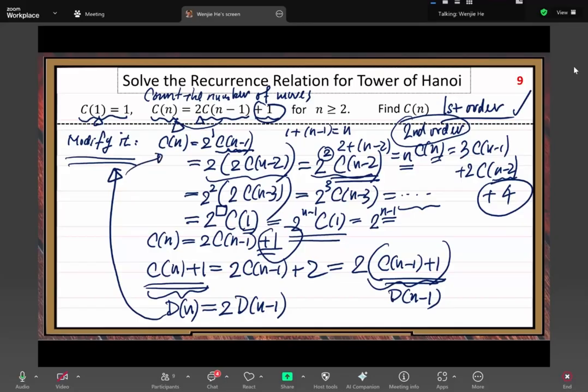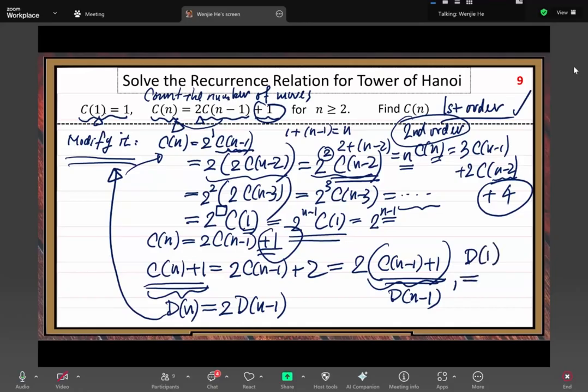Do you see this D function takes the same form as our modified version? Because plus 1 is gone. In this D version recursive formula, plus 1 is gone, right? Plus 1 is gone. Okay? All right. But after we introduce this D function, we need to fix that base case. D of 1 is the base case, right? What's D of 1?